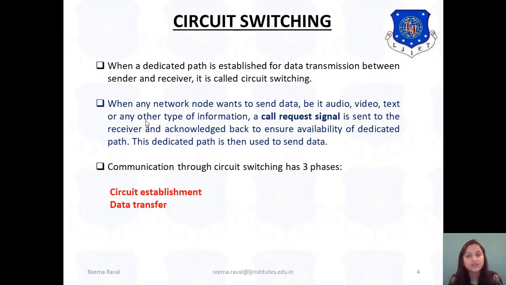Whenever the data transfer is completed entirely, the third and last stage is the circuit disconnect stage. That means now the path is out of availability. So these are the basic three phases of circuit switching: circuit establishment phase, data transfer phase, and circuit disconnect phase.